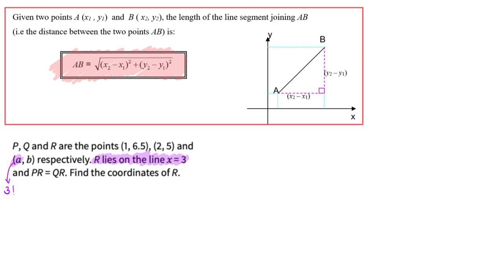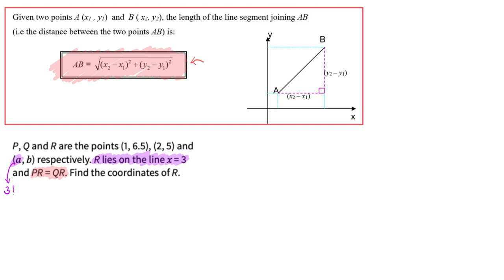So this clue tells us that A equals 3, and with that we could then apply the formula on top here to find the coordinates of R, which is the missing B down there.